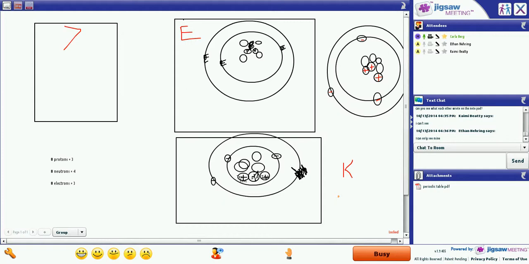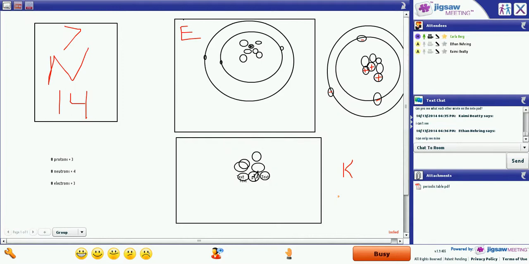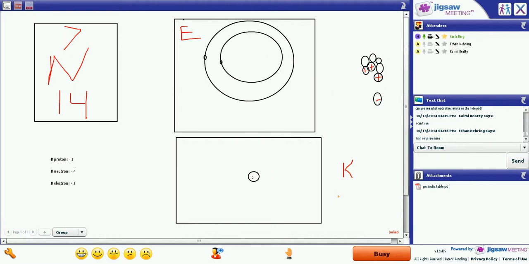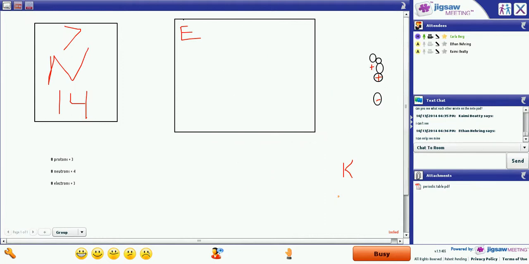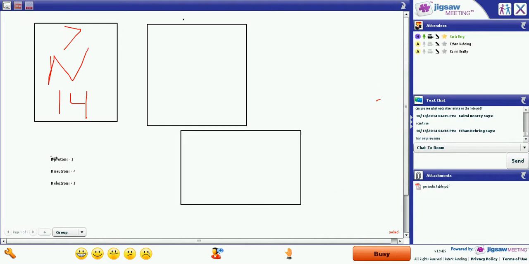So nitrogen 7. All right, so let me erase everyone's. Okay, so go ahead and if you could just put it in the same spot, that would be fantastic.